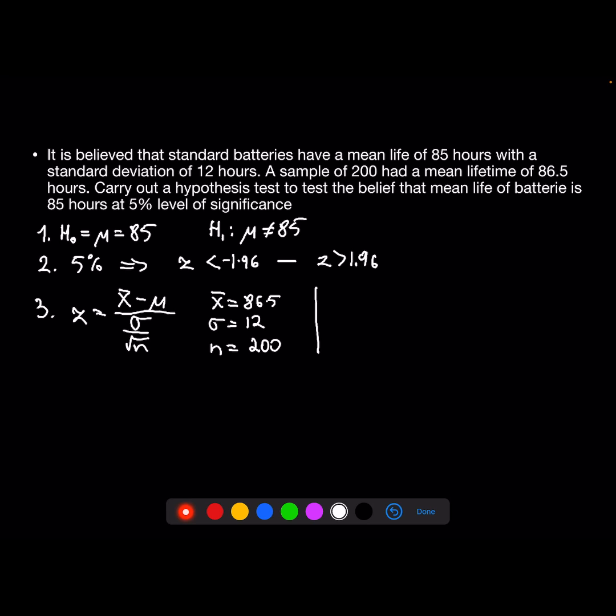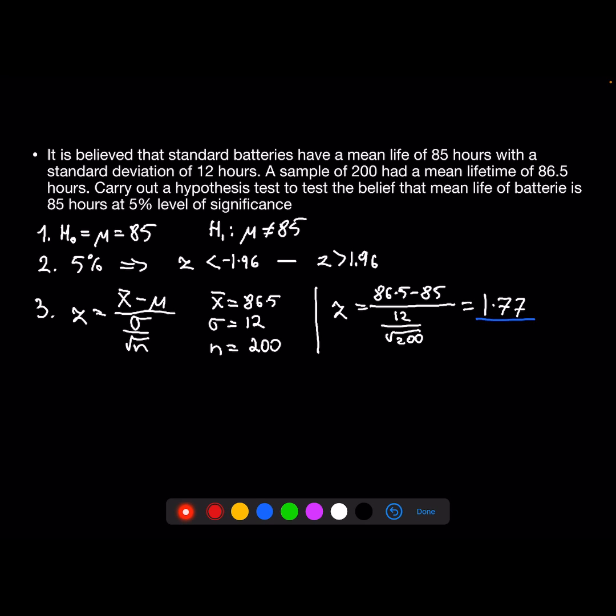So that tells me that test statistic z equals, substituting the values in, 86.5 minus 85, all that divided by 12 divided by root of 200. And after I calculate this quantity, I get that this is equal to 1.77. So this is the value of my test statistic z.